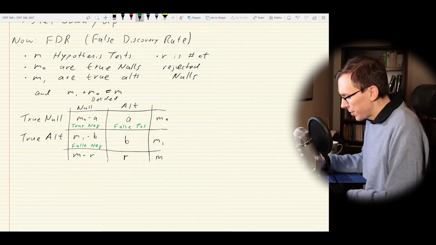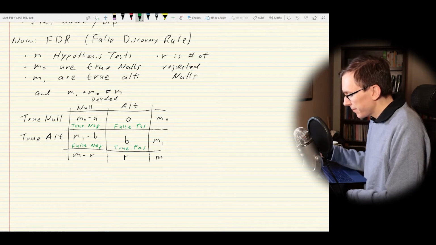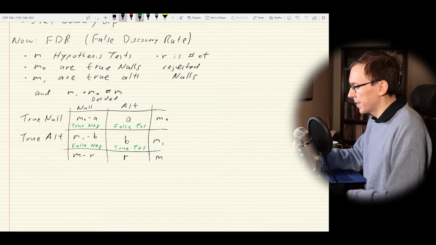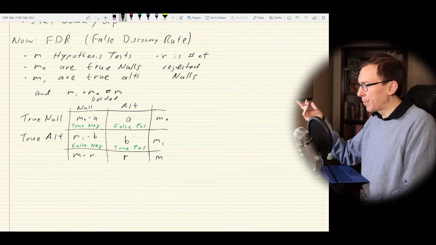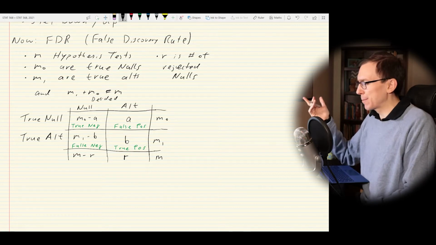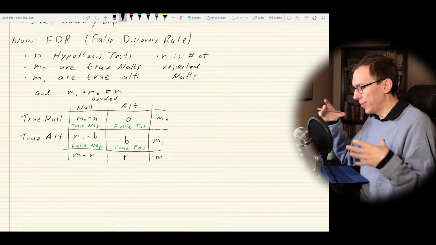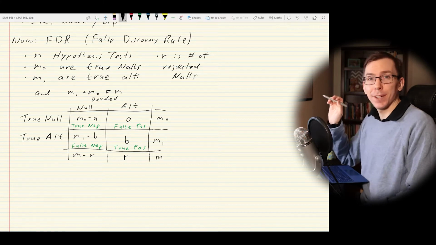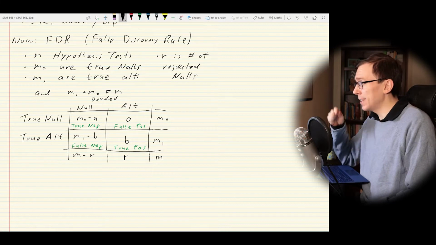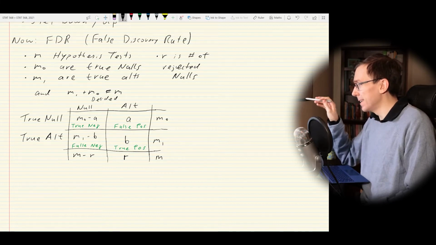We failed to reject when we should have. And then the bottom right is going to be the true positive, which is we correctly rejected our null hypothesis. So this is just a table. You've probably seen this before in another stats course, but it's good to have all this notation in our heads, because now we can very quickly define what the family-wise error rate is and what the false discovery rate is.